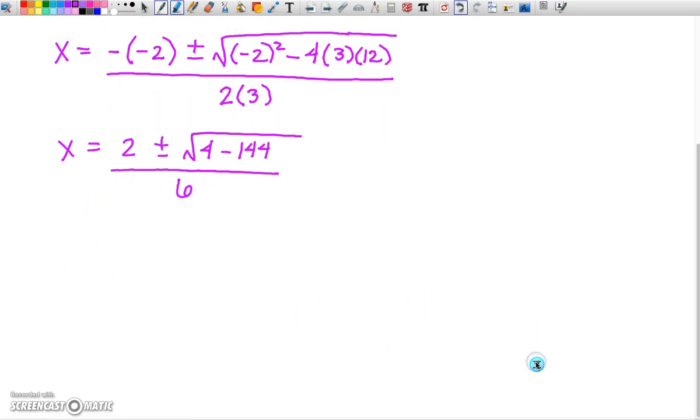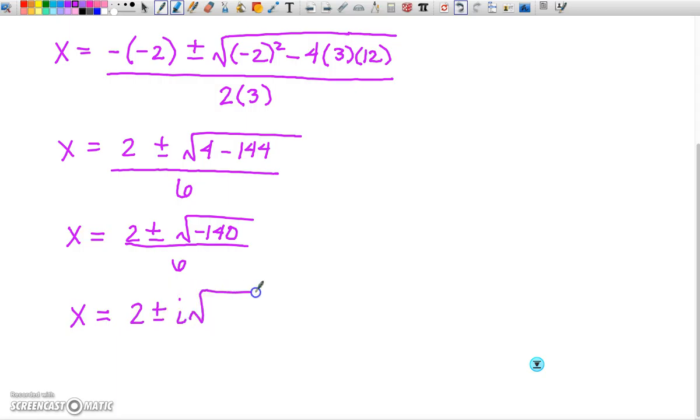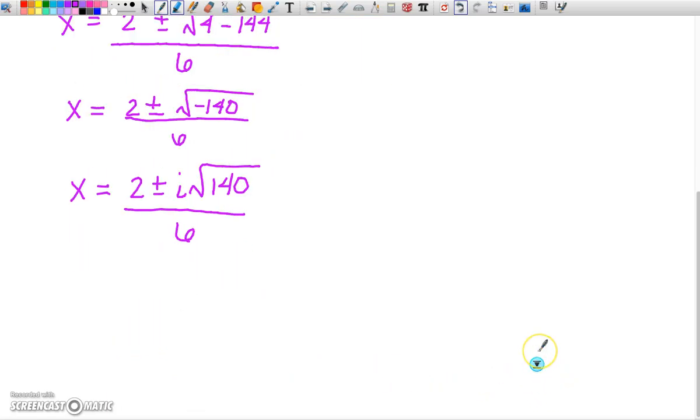And then we need to actually subtract those, so we get x equals 2 plus or minus the square root of a negative 140 over 6. All right, now right here, we have a negative under our square root, so we need to take the i out. So we're going to write i directly in front of the square root, and make the 140 positive and put that over 6. And then we have to take the 140 and simplify it as much as we possibly can.